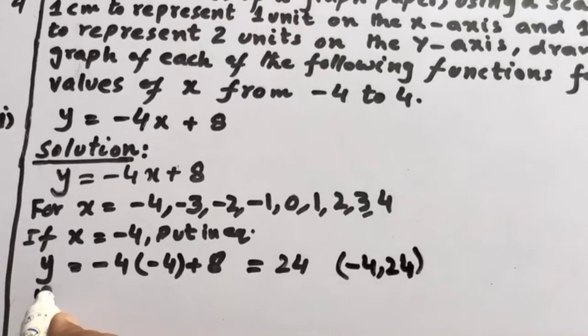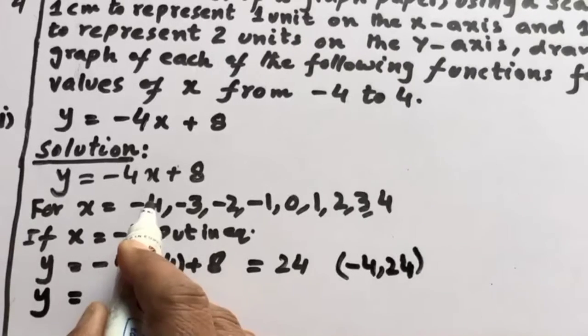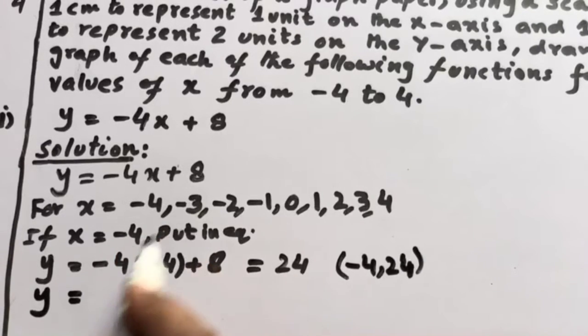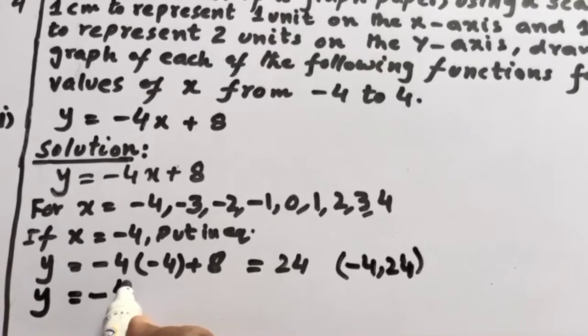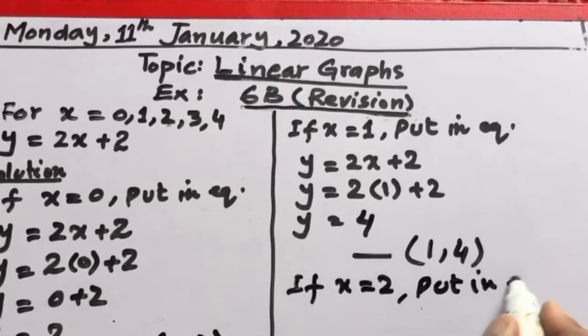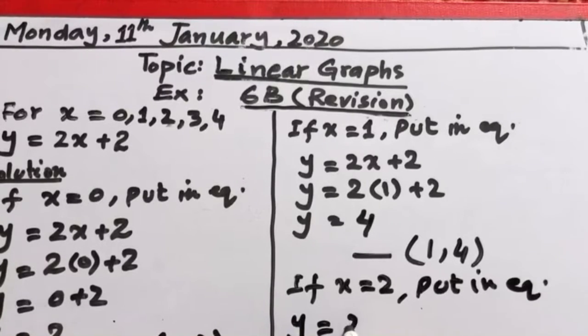Now we will take x as -3 and put it in this equation, then we will get the value of y. Then we will get the value of y, which is 2 into 2 plus 2.